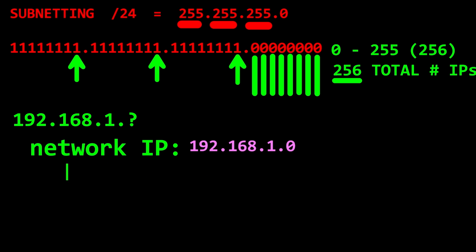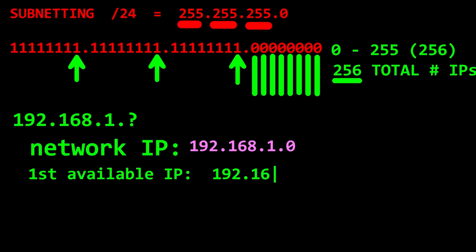Let's move on to the first available IP address that a computer can get. The first available IP is going to be 192.168.1.1. This is what computers or devices can have. Computers are not allowed to have the network IP. It's a bookend, the thing that defines the range of that network.